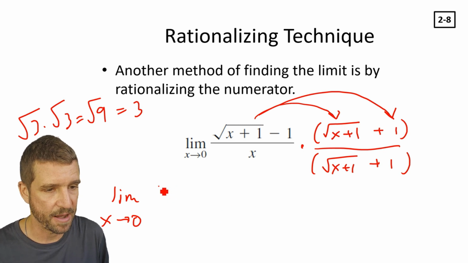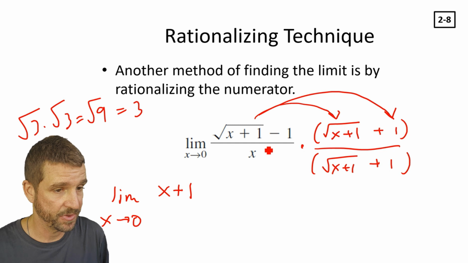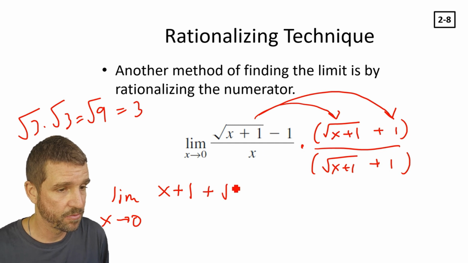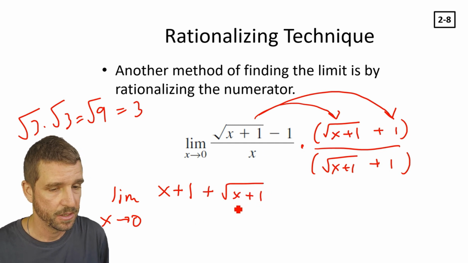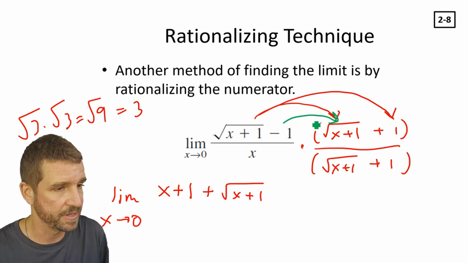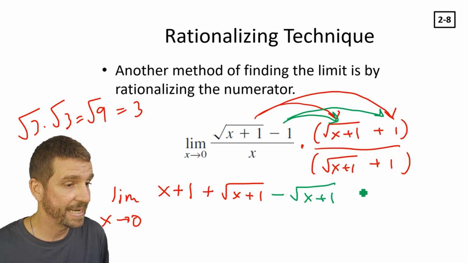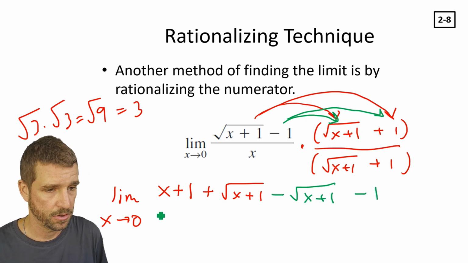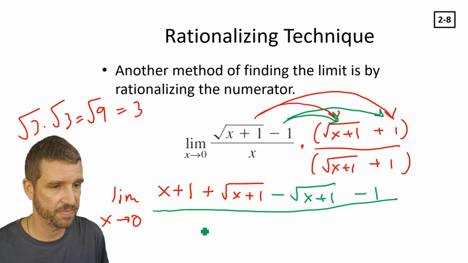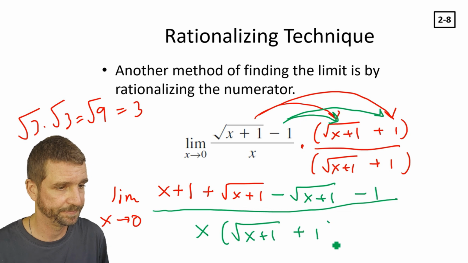So in the top, you're going to get x plus 1, and then plus the square root of x plus 1. Now you need to multiply this negative 1 by both of these, so you get minus the square root of x plus 1 minus 1. The bottom is going to become x times square root of x plus 1 plus 1, okay?